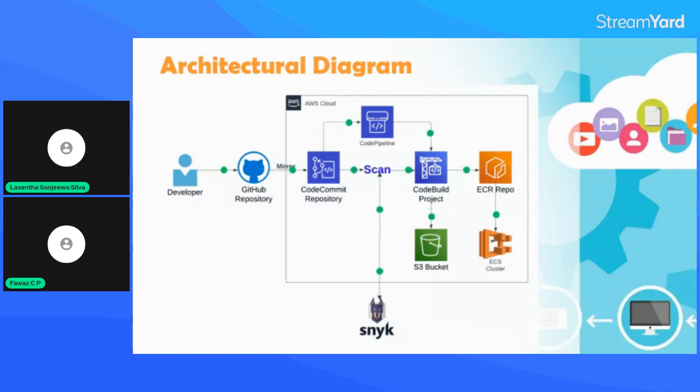This project does not take too much money, but after your demo or practice, it is good practice to remove everything. Whatever service you create, try to remove it, otherwise AWS will cost you money.